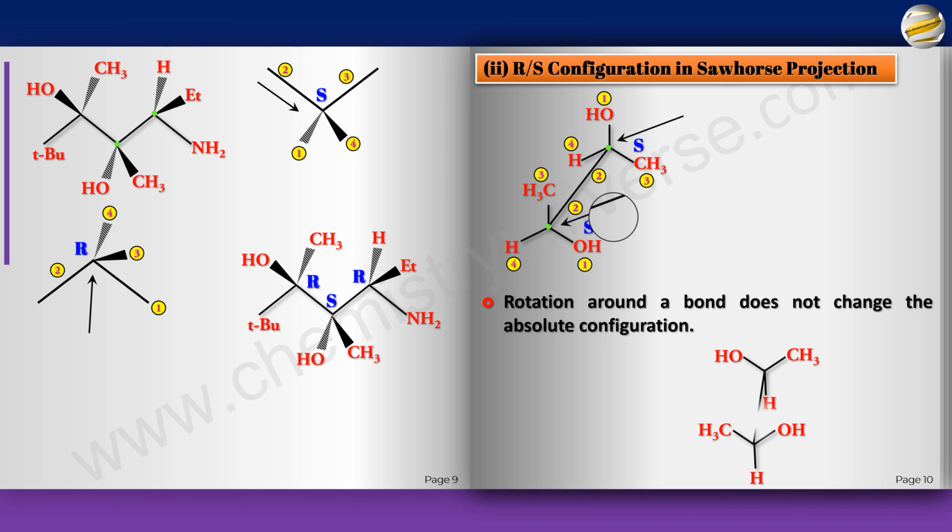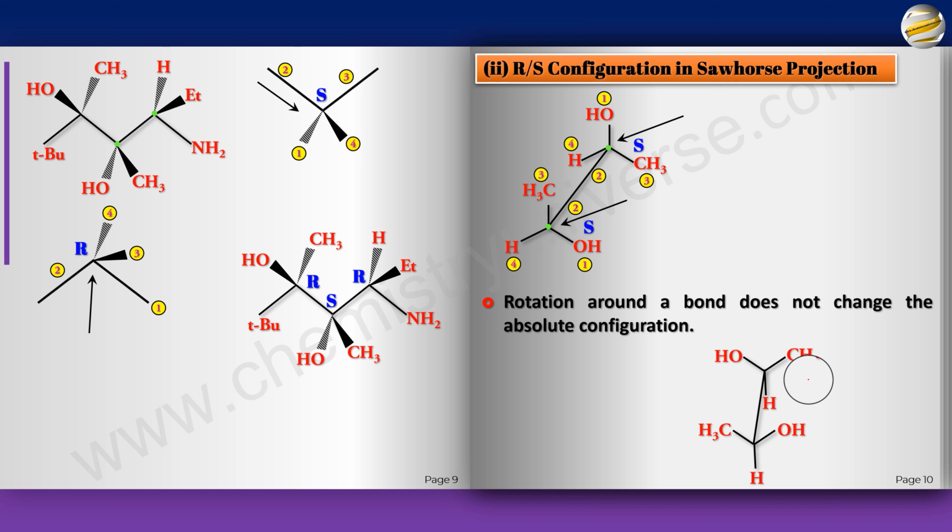It looks like this. Just check. Rotate this H by 60, OH by 60, CH3 by 60, you'll get this. Here again, rotate H here, CH3 here, OH here, you get this. So now you should ideally get S here also because it's the same molecule.